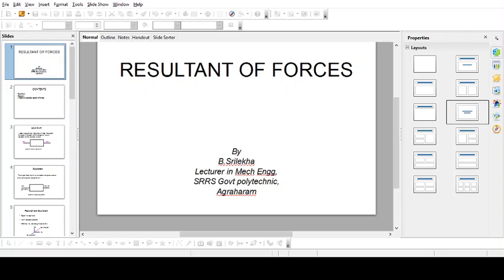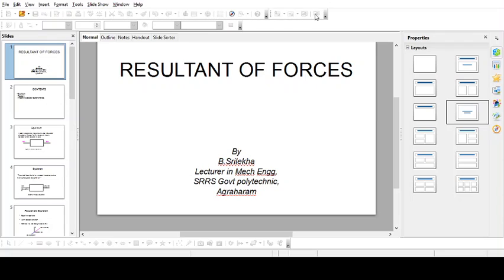Similarly, Q cos theta is the Q horizontal component, and Q sin theta is the vertical component. So in this, PH plus QH should be equal to 0. Again, PV plus QV should be equal to 0.